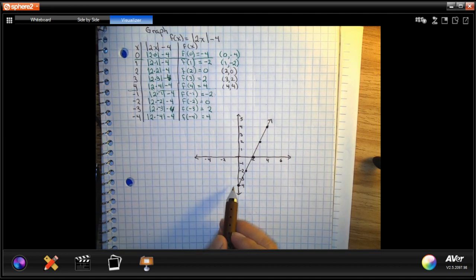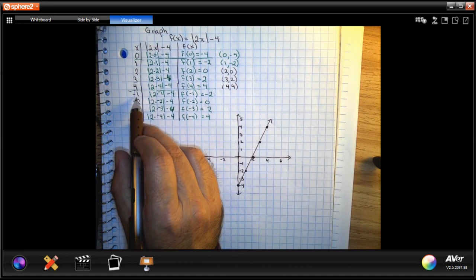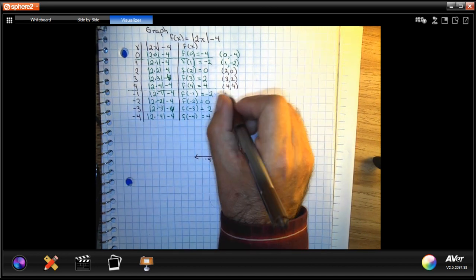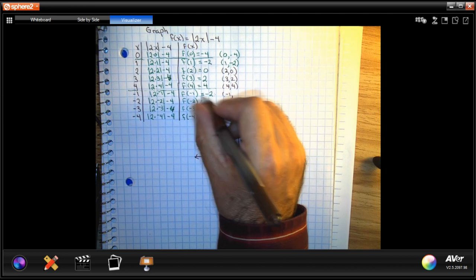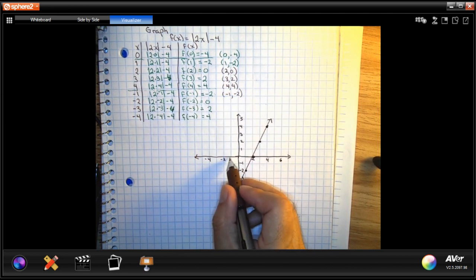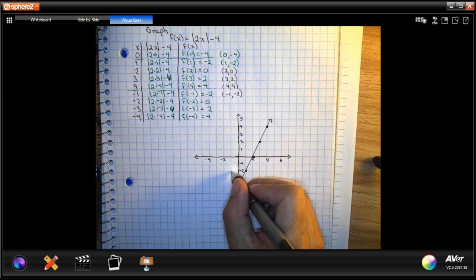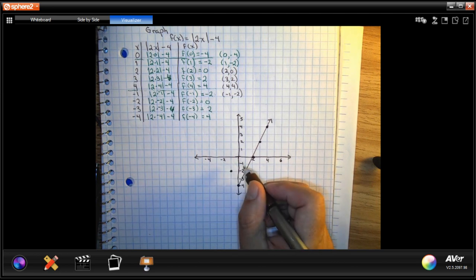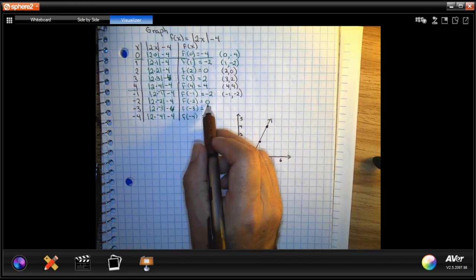Now I'm going to look at the other side. So we've got the points negative 1, negative 2. We've got the point negative 2, 0.